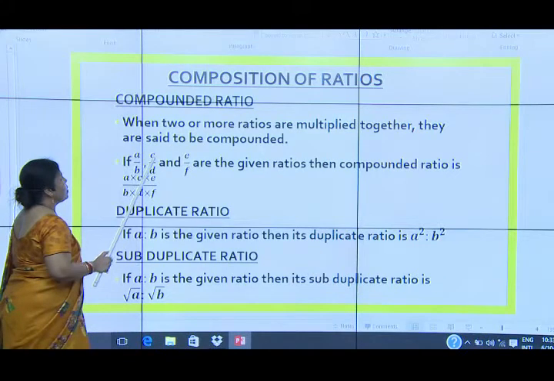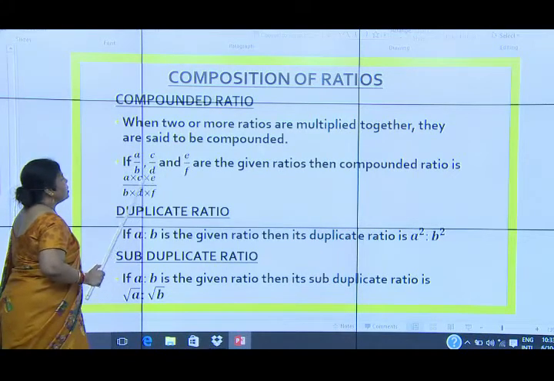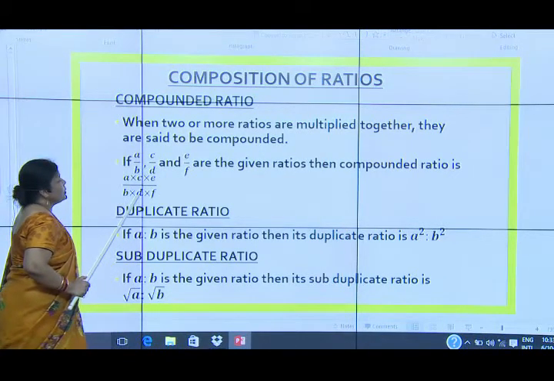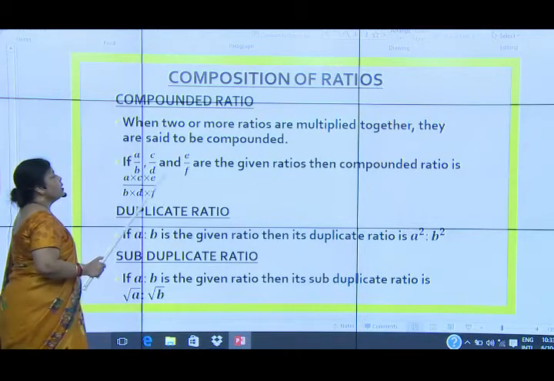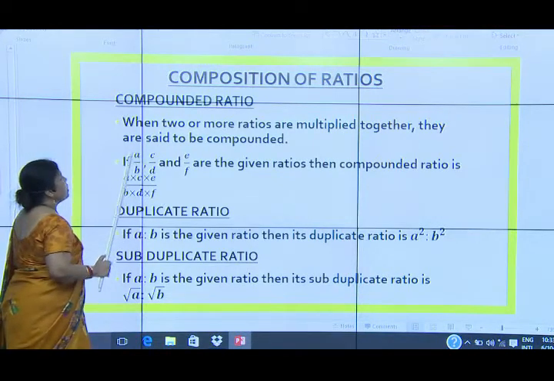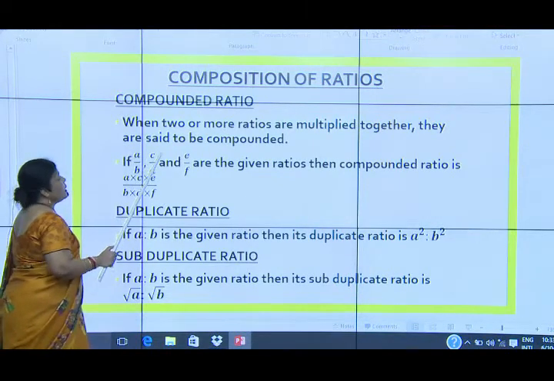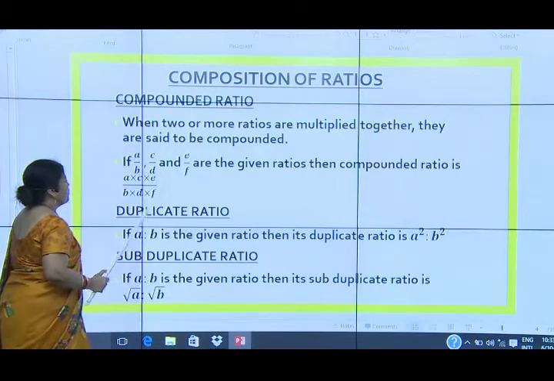So A multiplied by C multiplied by E upon B multiplied by D multiplied by F is the compounded ratio of A by B, C by D and E by F.